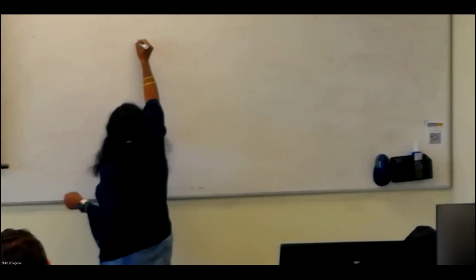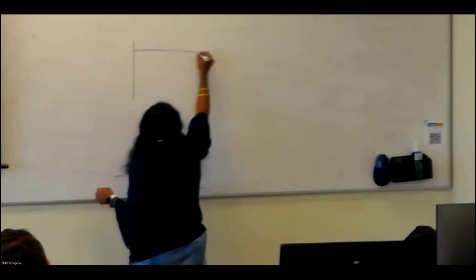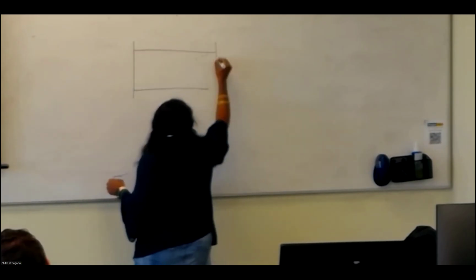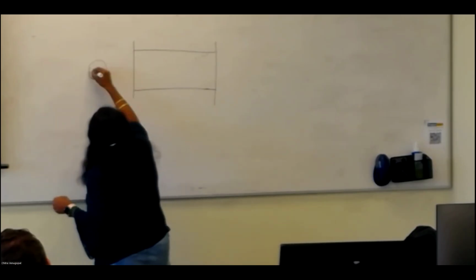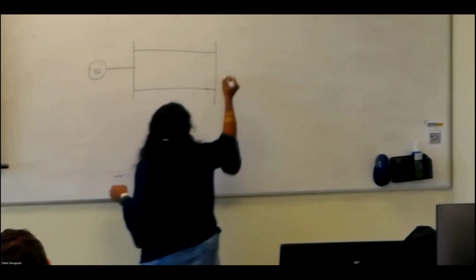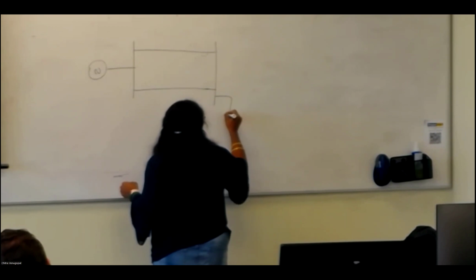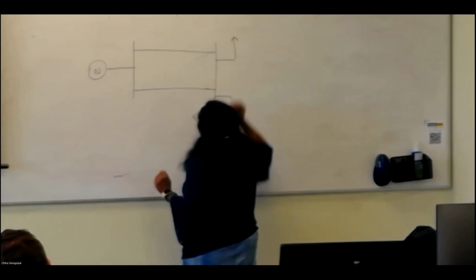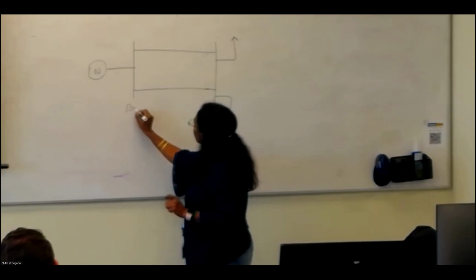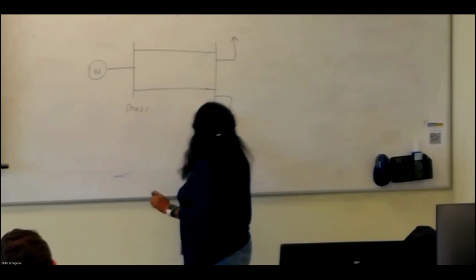So if this is your one line diagram, the generator is connected and the load is connected. This is bus 1, bus 2.